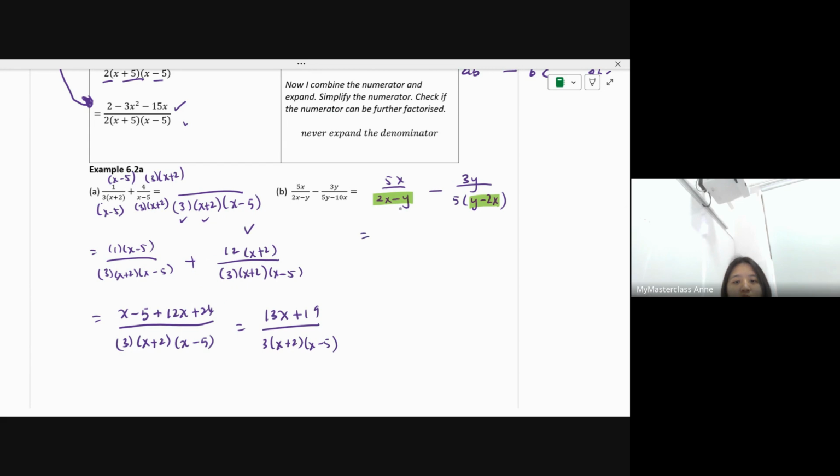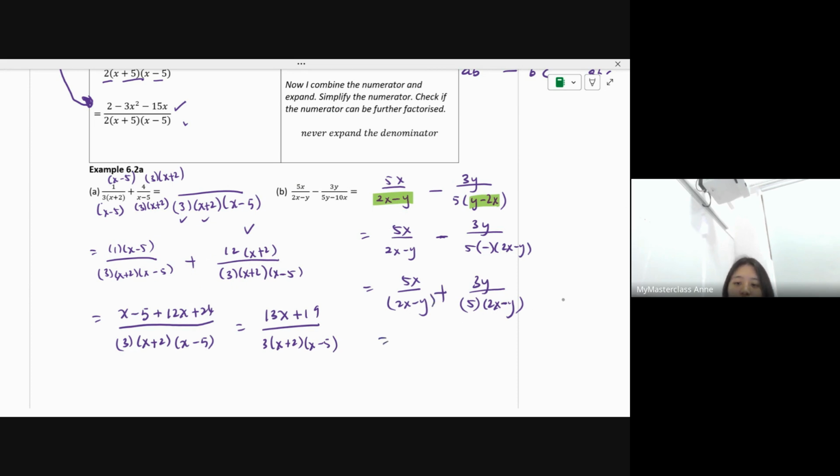So I want to keep the first one, 5x over 2x minus y, and write the second as minus 3y over 5 times negative 2x minus y. When I flip it, I just put a negative in front. So minus times minus gives plus 3y over 5 times 2x minus y. Now I have 2x minus y at the bottom.